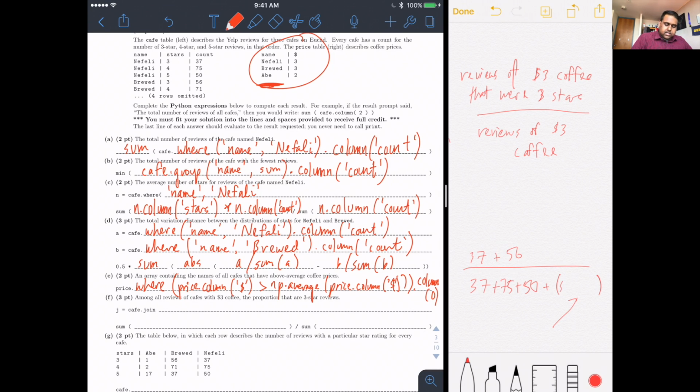You have 56 plus 71 plus whatever, and so on and so forth. So in the numerator, we're going to take the count values of the places that have 3 stars that have coffee that costs $3, and on the denominator, for all the things that cost $3, we're going to add up all the count values, not just the 3-star ones. So kind of complicated, but once you get what the question's asking, it's not too bad.